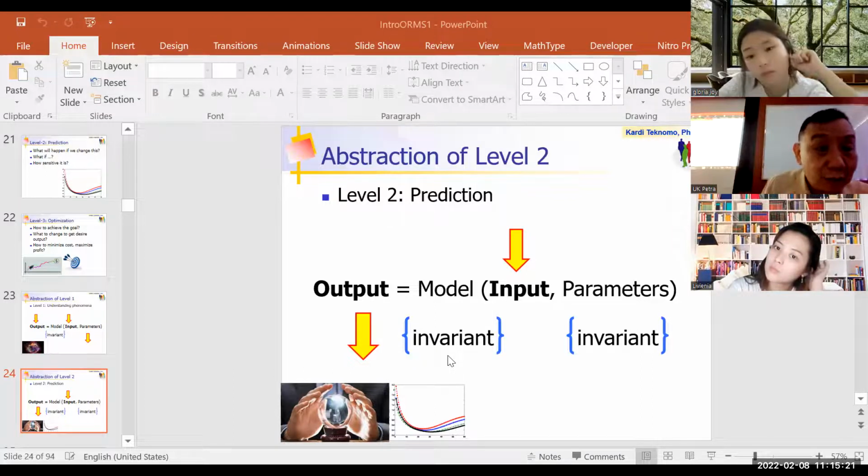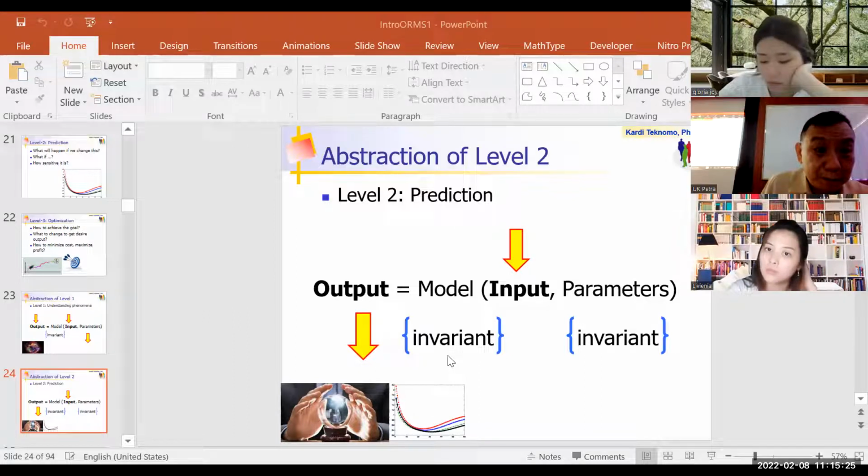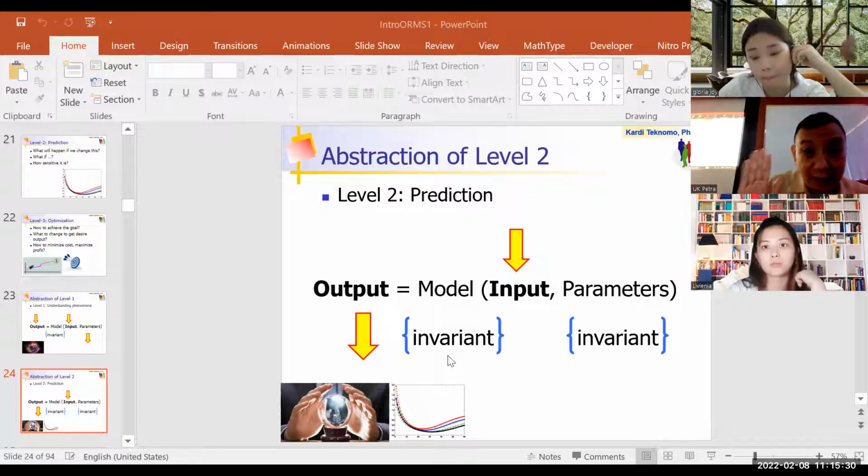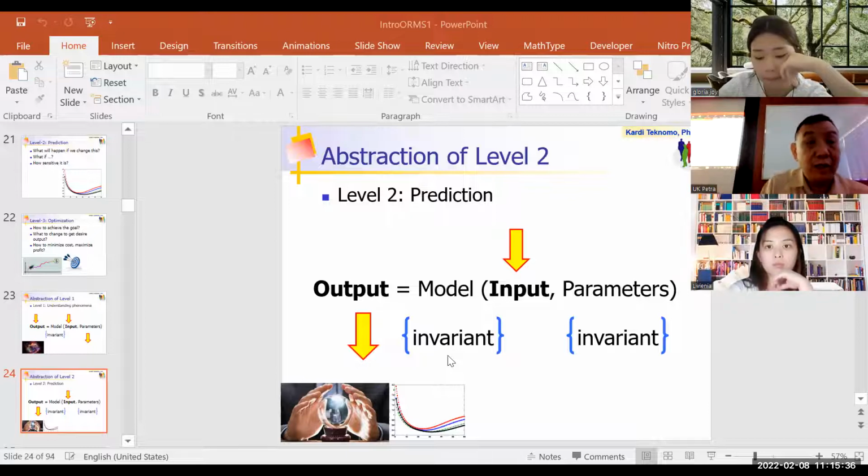That's why the parameter does not change. Is it clear? So the parameter is invariant. That means the past predicts the future. The old data predict the new data. Without this invariant, you cannot predict.